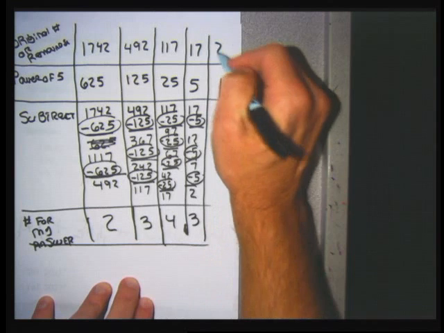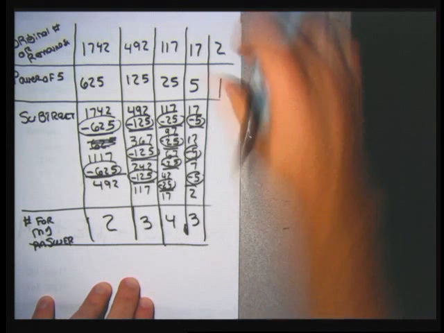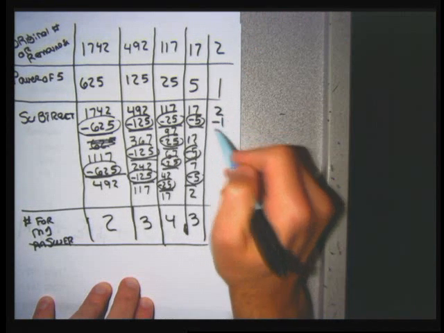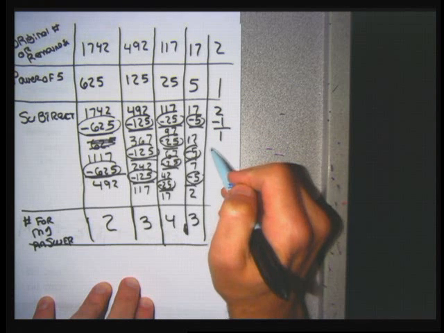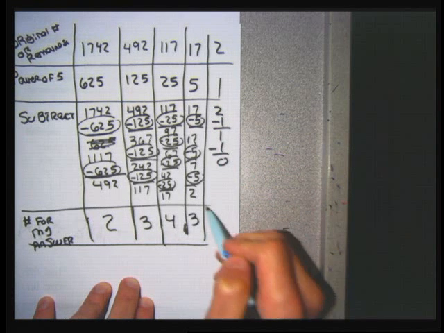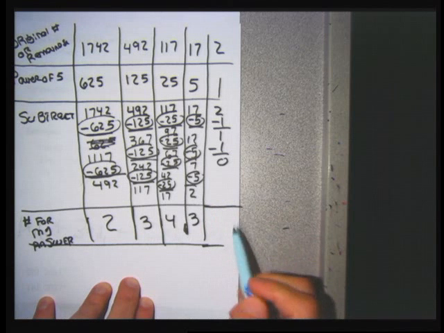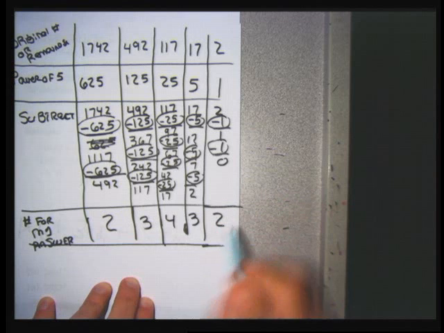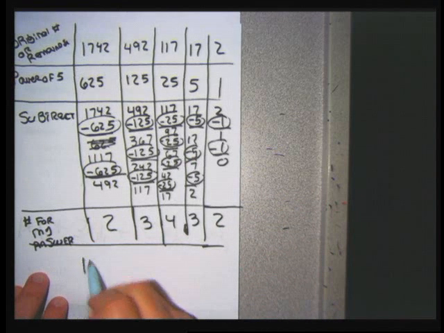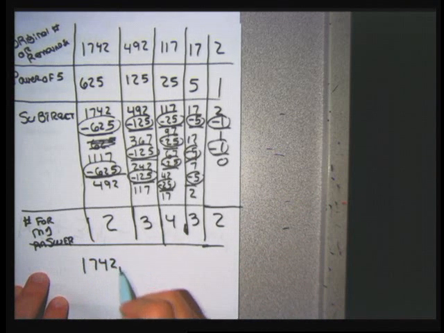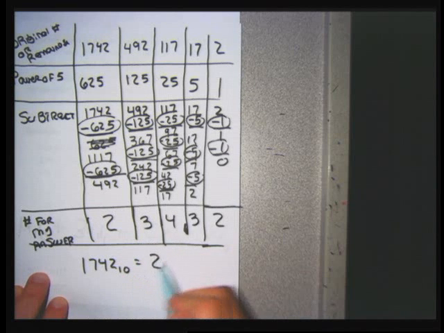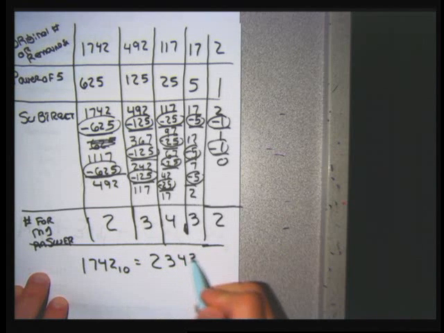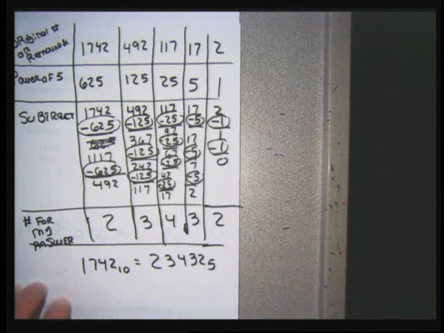Bring the 2 up. Now I'll start subtracting. 2 minus 1 is 1. 1 minus 1 is 0. Once I get to 0, I can't subtract anymore. I've used my last power of 5, and I was able to do 2. So my original problem, 1742 base 10, is equal to 23432 base 5.